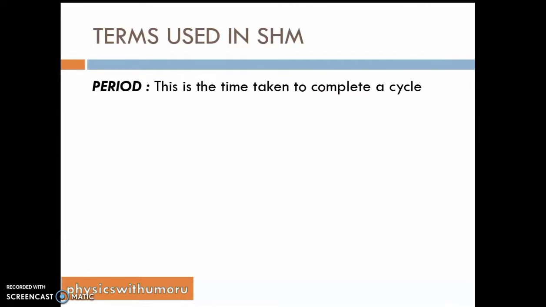The period is represented by the uppercase letter T. The period of a body exhibiting simple harmonic motion is defined as the time taken by the body to complete a cycle. That is the total time taken by the body to make one full cycle, to move away from the fixed point and return to the fixed point.